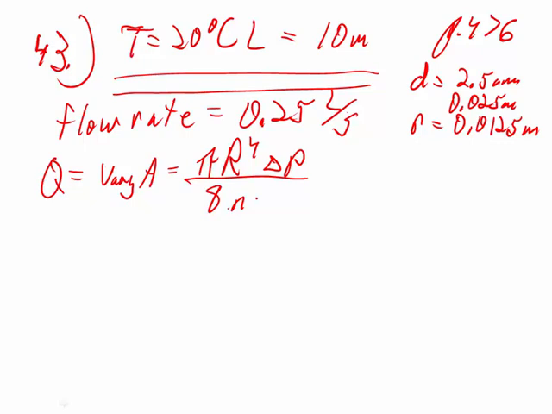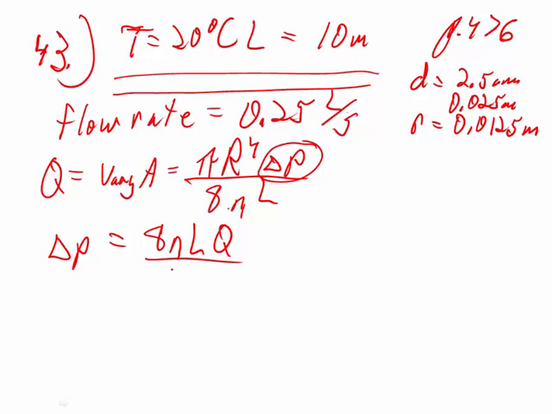Q is the flow rate, and nu is the viscosity, times the length of the hose or the pipe. So what are we going to end up solving for? Change in pressure. So let's rearrange everything and solve for that. That's 8 nu times L times Q divided by pi r to the fourth power.